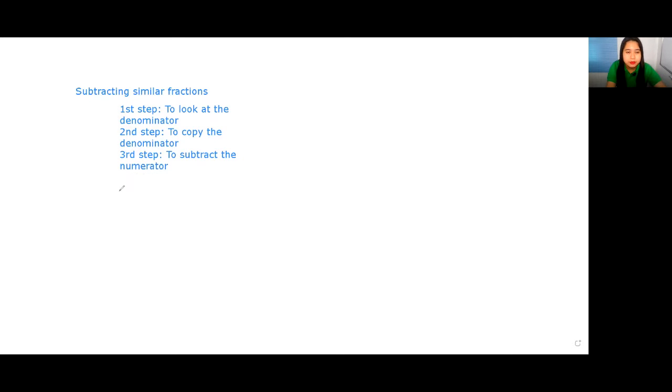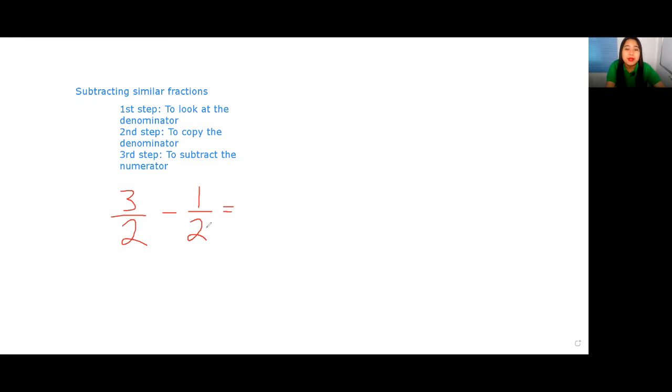Okay, so let's try a sample. I have 3 halves minus 1 half. So the first step is to look at the denominator. Are the denominators the same? Okay, very good.